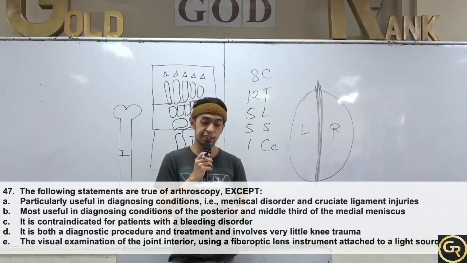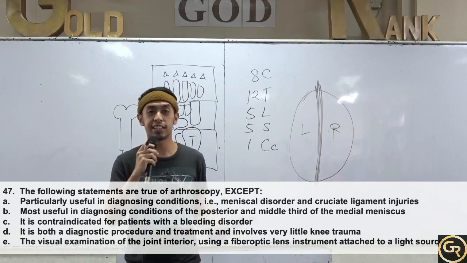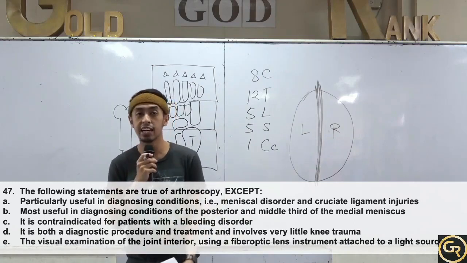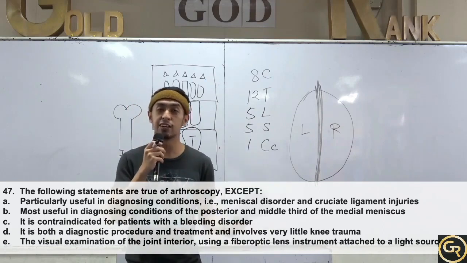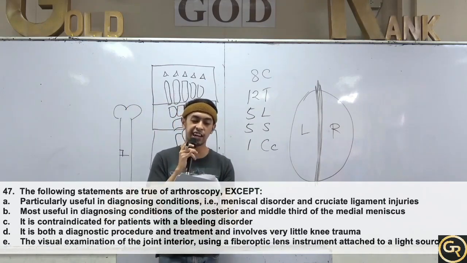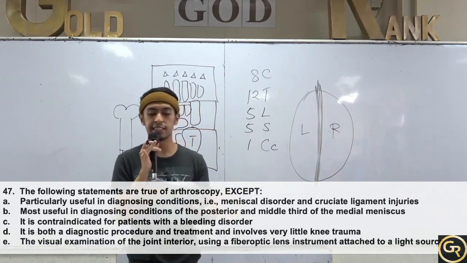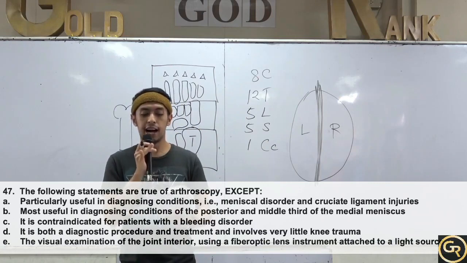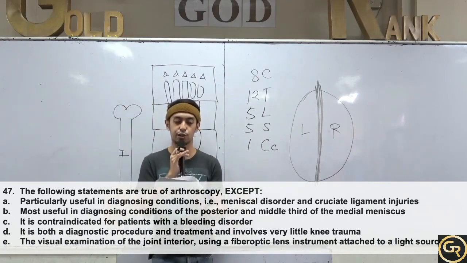Letter C, it is contraindicated for patients with a bleeding disorder. Yes, it is not allowed for patients with, for example, hemophilia, because the bleeding inside the joint may be aggravated. Letter E, the visual examination of the joint interior using a fiber optic lens instrument attached to a light source. Yes, that is our arthroscopy.